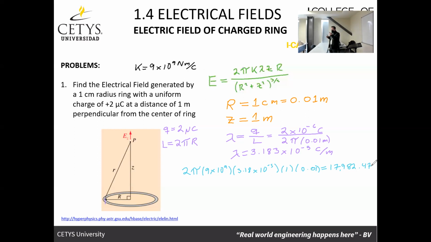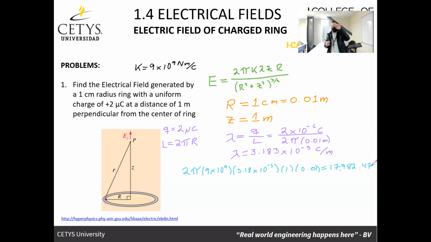Now, Vienna was mentioning something interesting that I was going to get to. You got 17,999, but you used one more decimal. Notice how using one more decimal is going to affect the result because we're working with very small values. The result is also going to be different if you use pi or if you use 3.14.